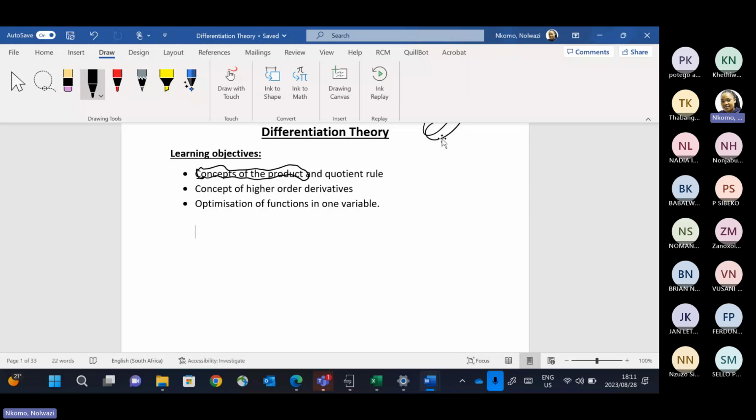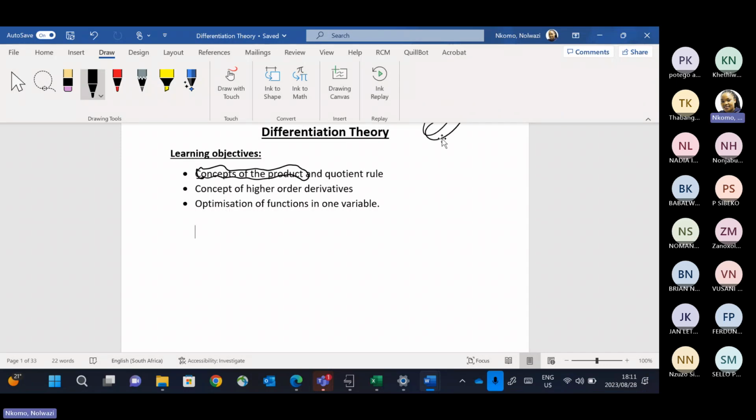Today we'll start with the quotient rule, which is also a differentiation rule. Suppose you are given a function with a denominator and a numerator.